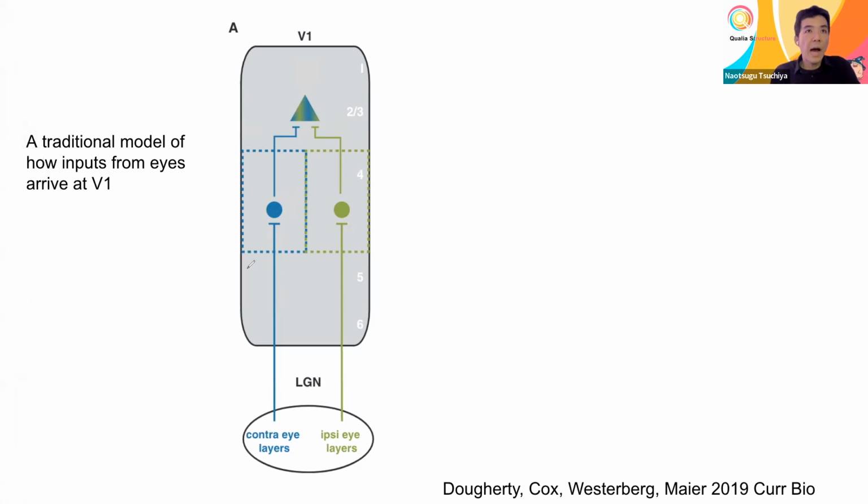Up until the LGN or thalamus, input from the contralateral or ipsilateral eye, the opposite side or the same side of the eye, is segregated. And then within layer 4, it reaches a separate population of neurons here. And then that input is sent to neurons in layers 2, 3, and so on. And then finally it gets merged.